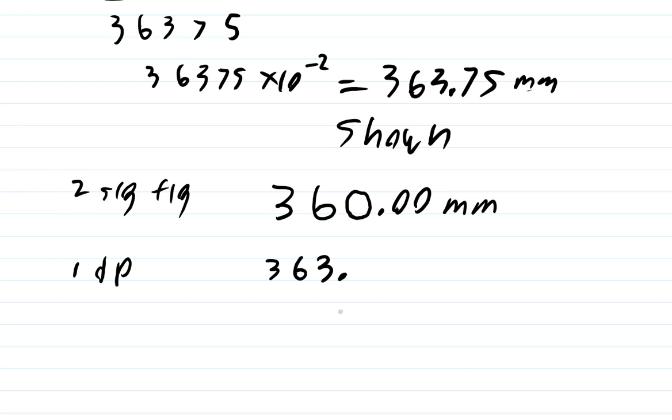Then you start counting the number of decimal places. You have one decimal place, that's 7. Then the question is, should you keep the 7 as it is, or should you add 1 to it? Let us see. What's the number to the right of 7? It is 5. Once it is 5 or more, you add up. So the 7 will become 8. So it's 363.8 millimeters. Alright?